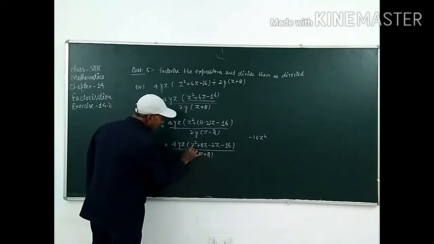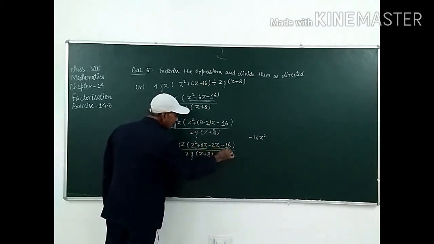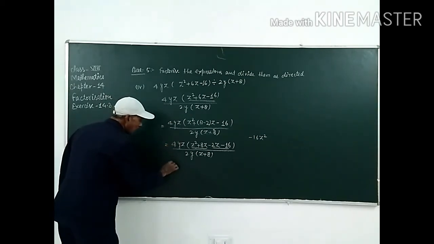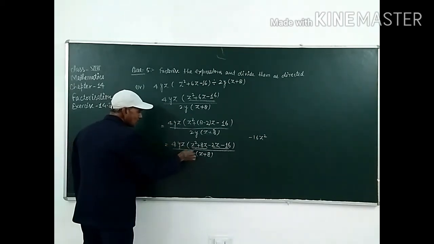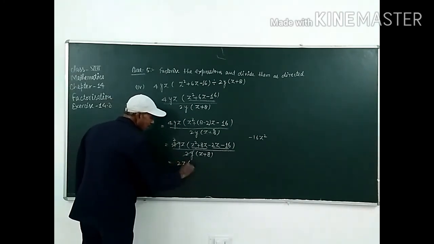Now we have to make pairs in these terms: this one pair and this second pair. Now we divide 4y by 2y: y is cancelled by y, and 2 twos are 4, so we have 2z.